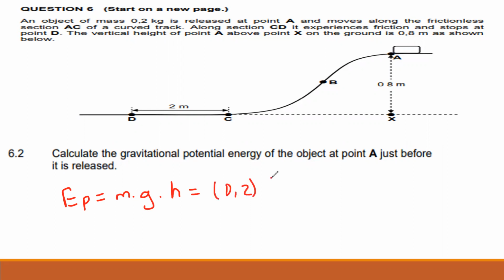G we know already, 9.8, and height is also given, 0.8. So let's calculate: 1.568 joules. Done. Gravitational potential energy, calculated by MGH. That's it.